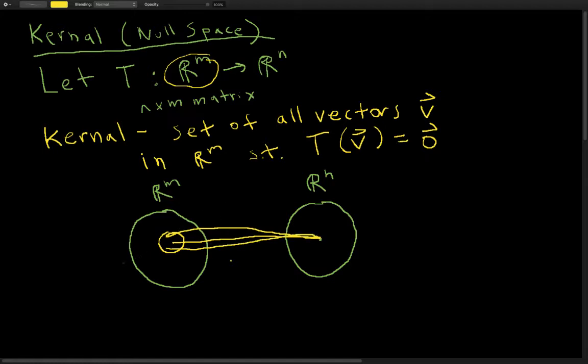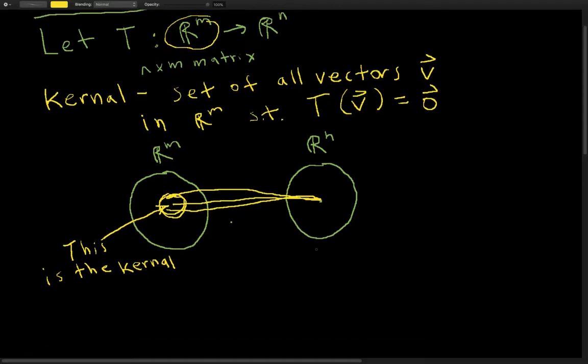This space is the kernel. So this thing is the kernel right here. All of these vectors map to the zero vector. So great, now we know what the kernel is. Let's have an example.